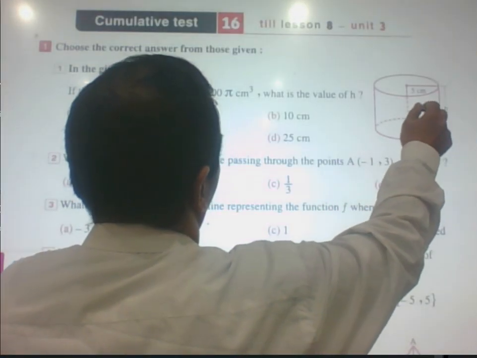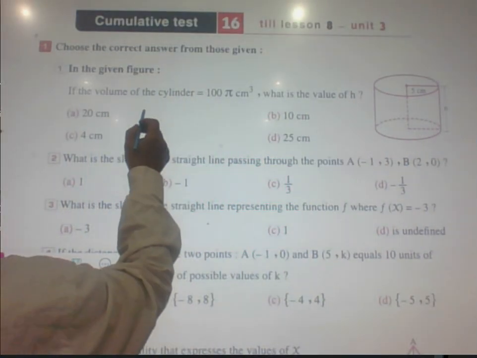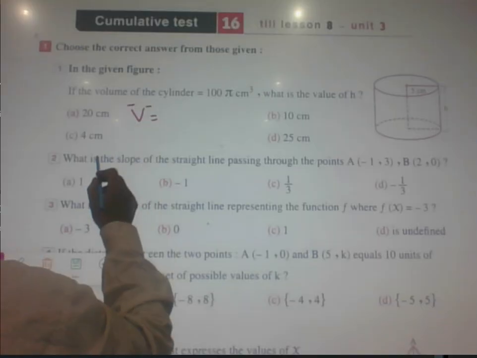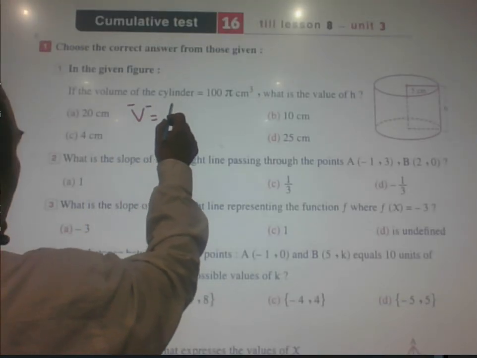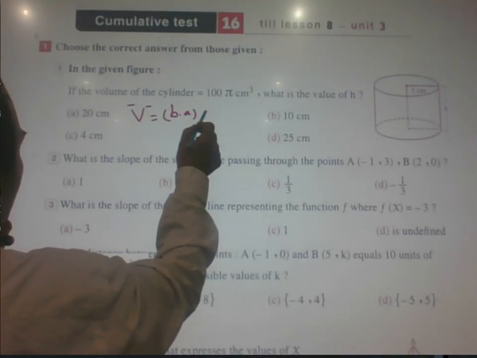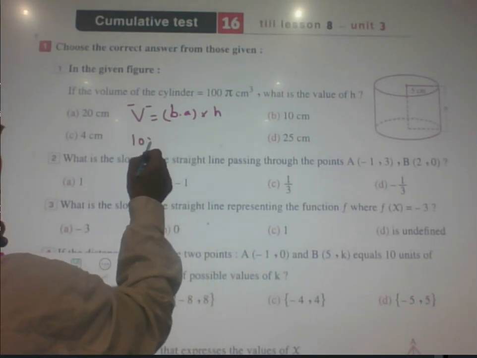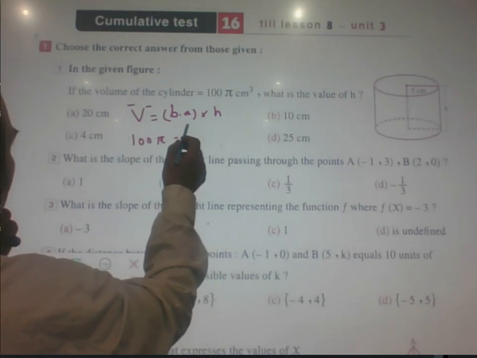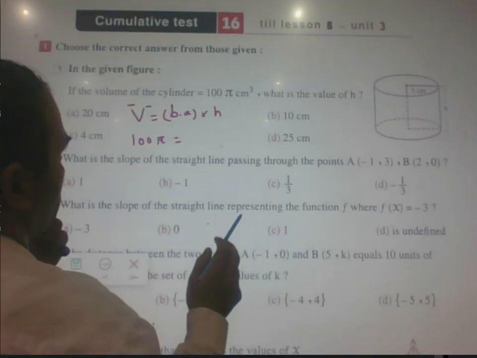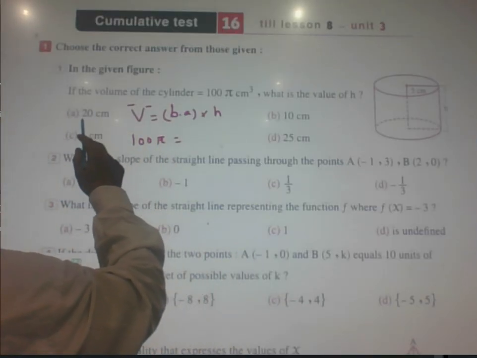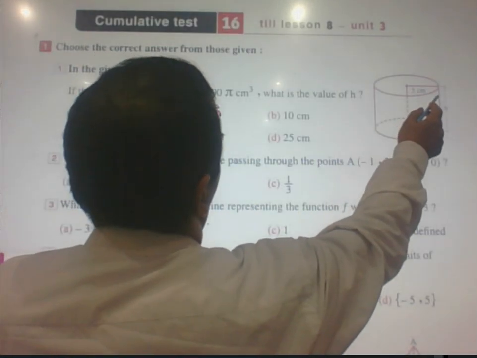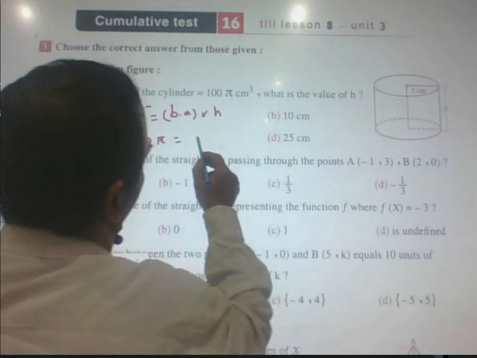We want to find the height. We know the volume equals base area times the height. He gave me the volume, 100π, which is equivalent to the base area times the height. The base area is π r power 2, so the volume is π r power 2 times h.